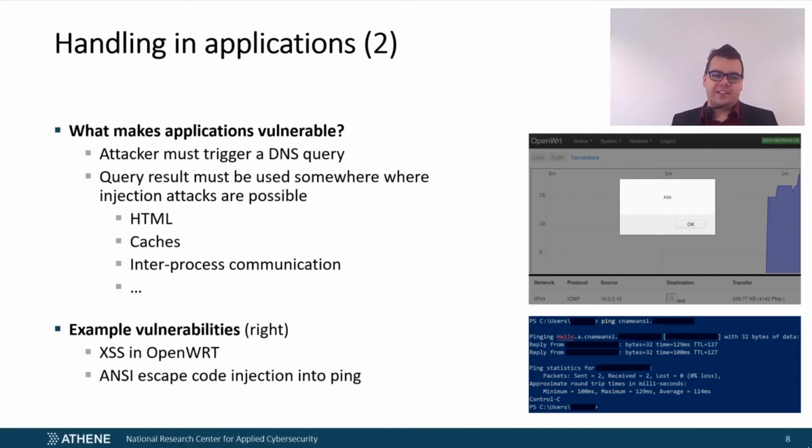This lets the attacker essentially gain control of the router, because the browser in this case is logged into the router and therefore controls the router and can even flash the operating system. We also found some weaker attacks, for example, an ANSI escape code injection into the Windows ping utility, which might lead the user to do some weird things because you can reformat the console output.